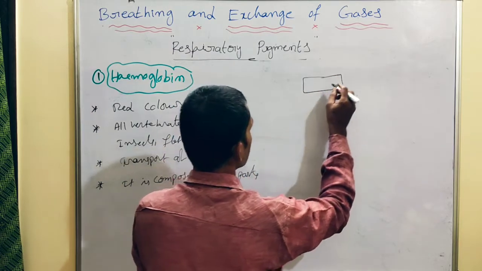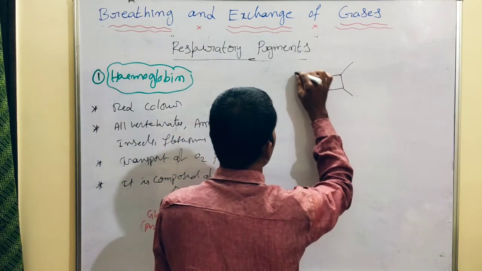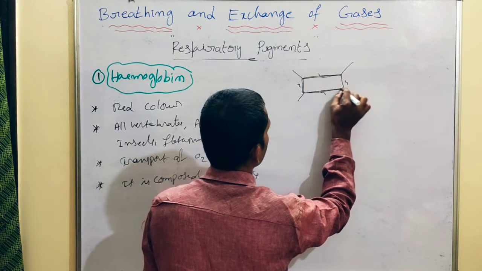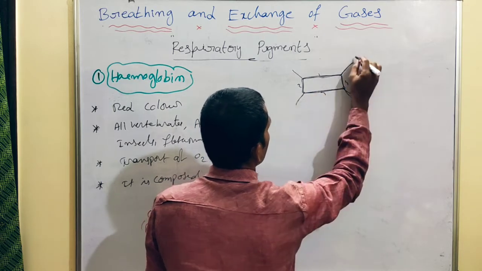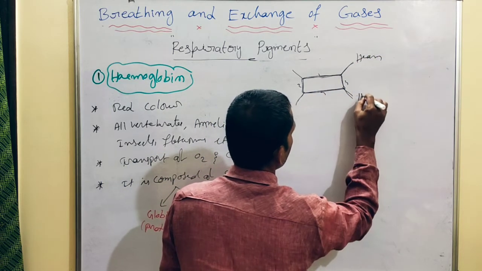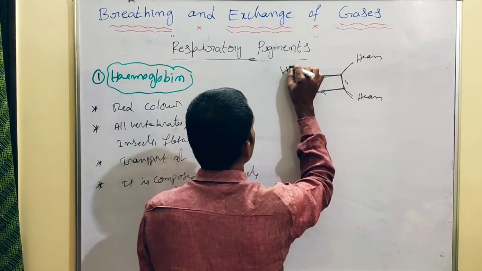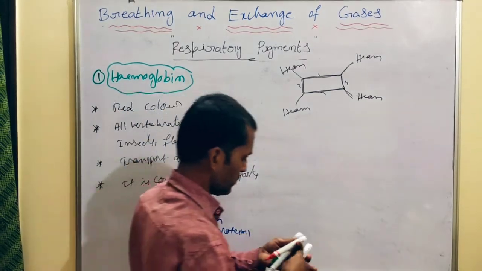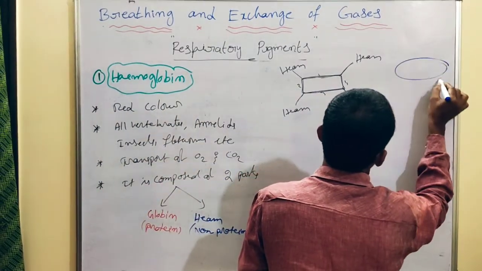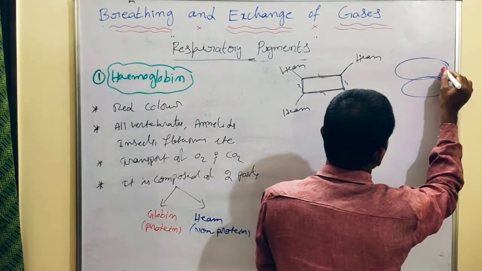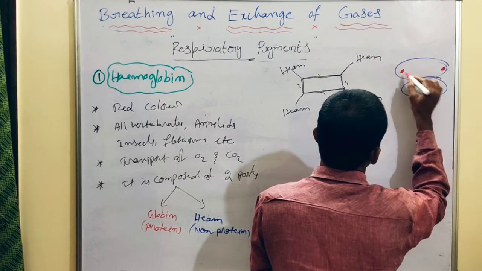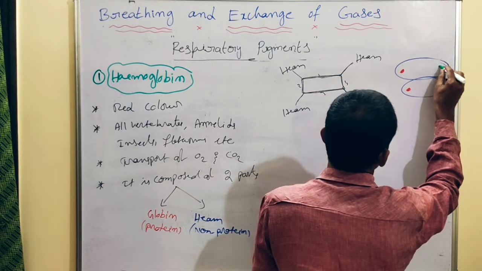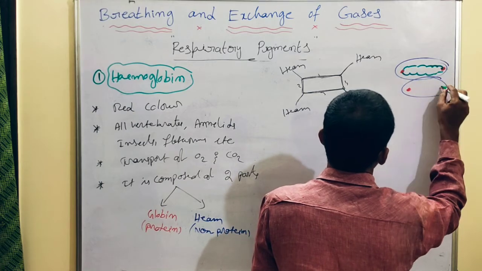Generally, the globin protein contains four, one, two, three, four polypeptide chains with heme molecules, non-protein molecules. These are the heme molecules, and these are the polypeptide chains.